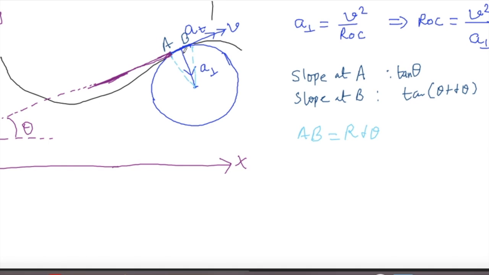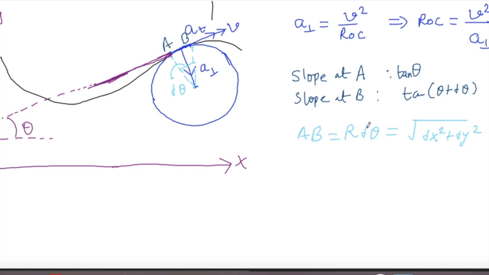You know the angle between two lines is the same as the angle between their perpendiculars. So if the angle between the two tangents is d theta, then the angle between the two normals will also be d theta. If this angle is d theta, then this length AB is r d theta, which is also equal to square root of dx square plus dy square.